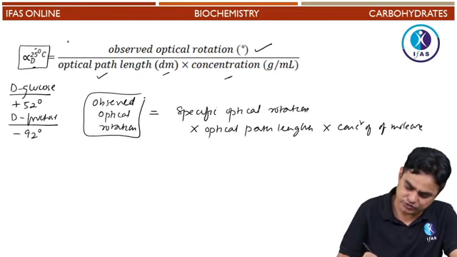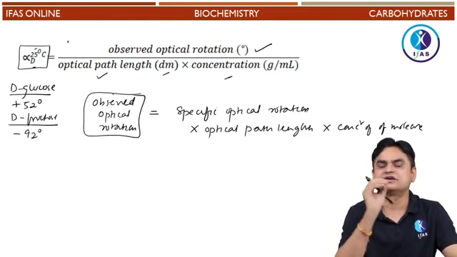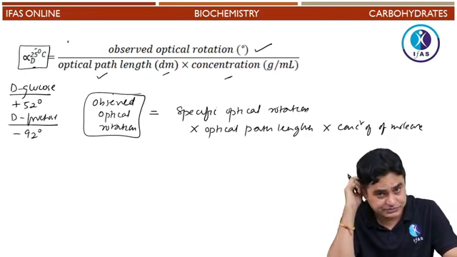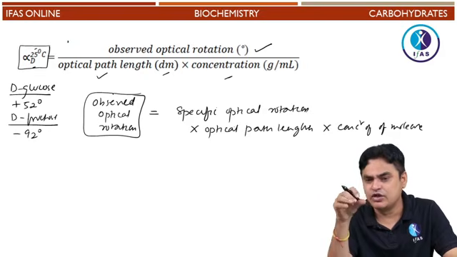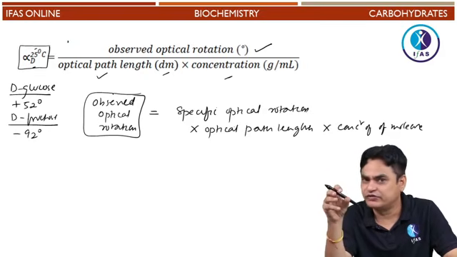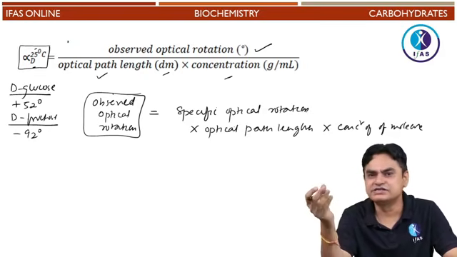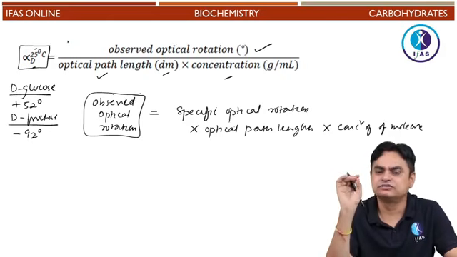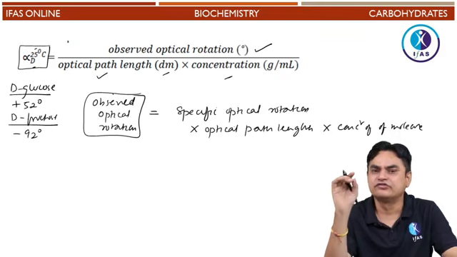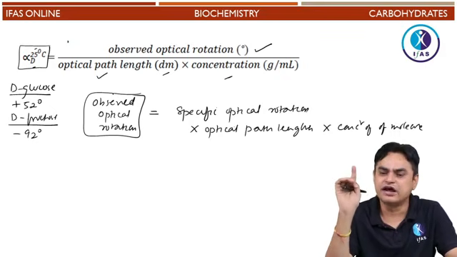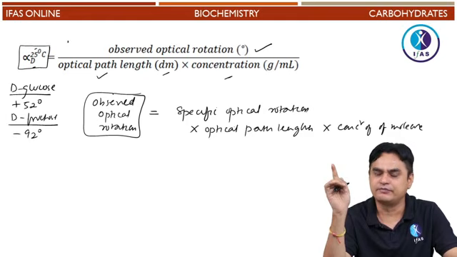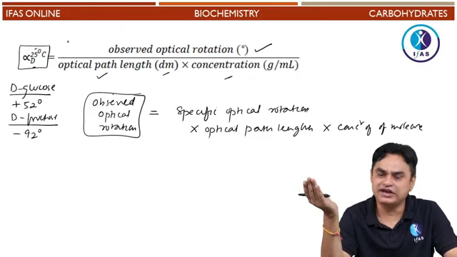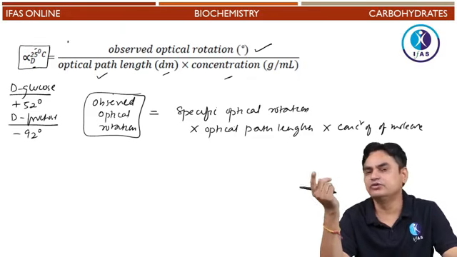That would be the observed optical rotation. That is, what optical rotation you will observe depends upon the specific rotation of that particular molecule, the optical path length you have taken, and the concentration of the molecule. Because the standard specific rotation is when you are taking a concentration of 1 gram per ml of solution and a path length of 1 decimeter. But this is not always the case. That's why observed optical rotation could be variable.